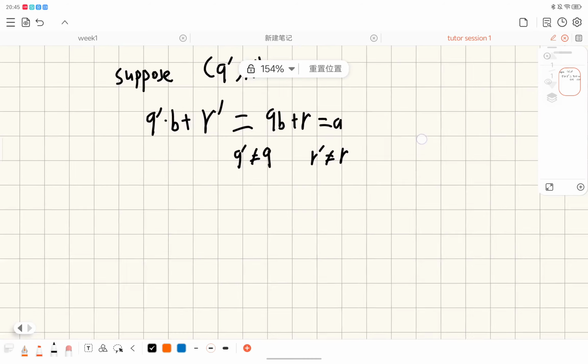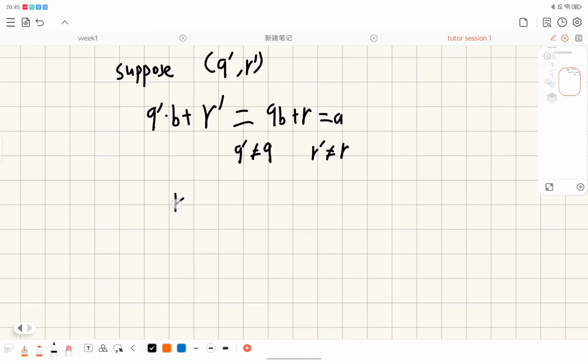Then what can we get? We can get K equals the difference between Q prime minus Q. As these two are different, we know K is larger than or equal to 1. Then what is the difference between the R's?